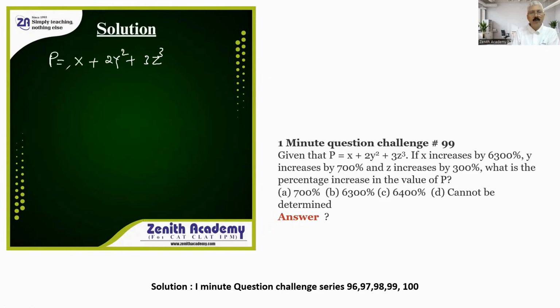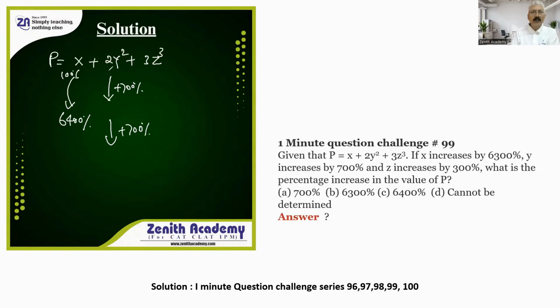So let us take the value of x as 100%. So 6300% increase means it becomes 6400% of the initial value of 100%. Next, 2y square means two successive changes. So the first change is 700%, and the second is also 700%.